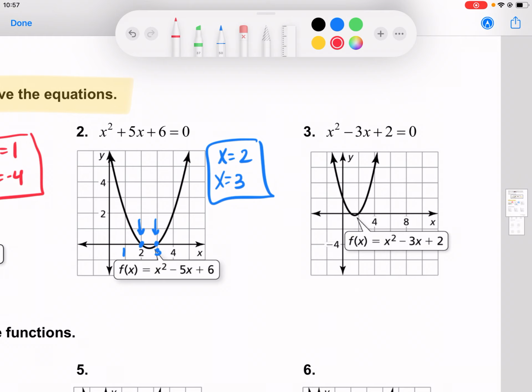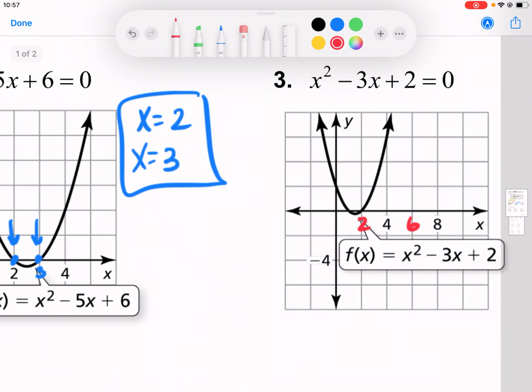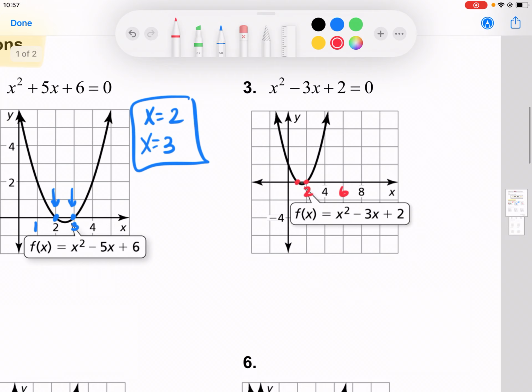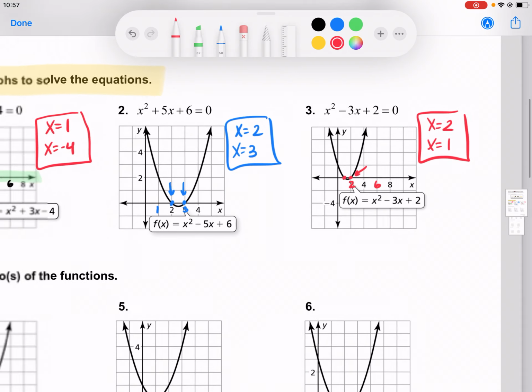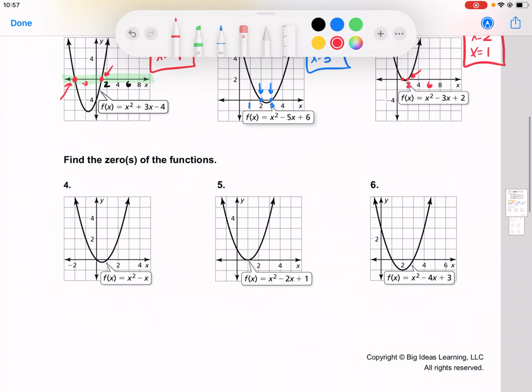This one's a little trickier because the scale is going by 2 and it seems pretty squished. But you've got 2 solutions right there. You've got x equals 2, which is probably the easy one to see, and the other one's halfway between, so we're going to say x equals 1. See, nothing too shabby.